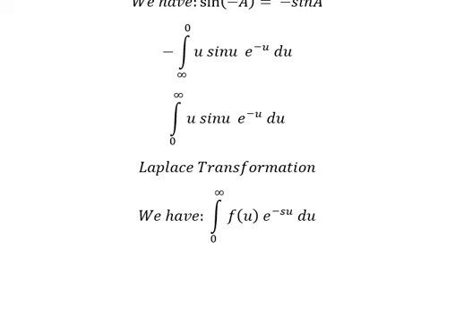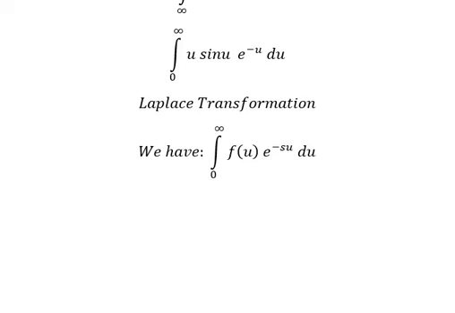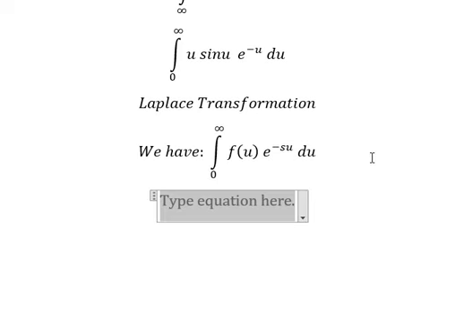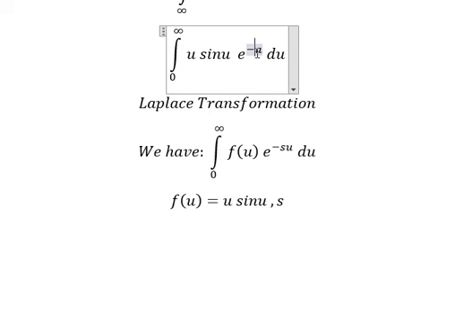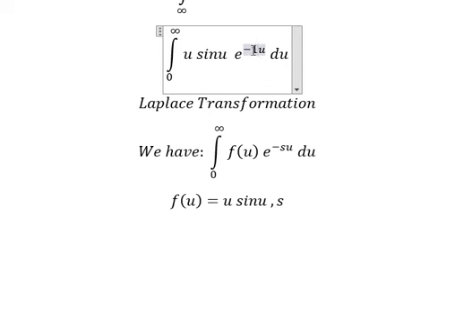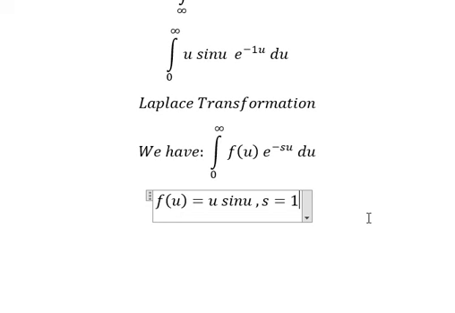So we can say that f of u is sine u over u, and h, we have negative u, that means we have negative 1. So h equals 1.